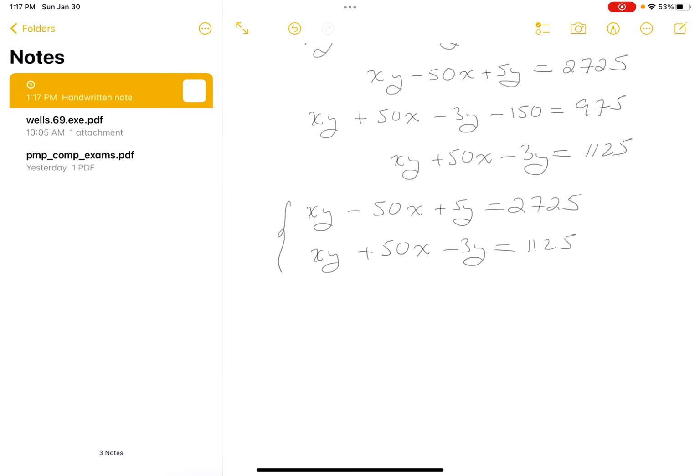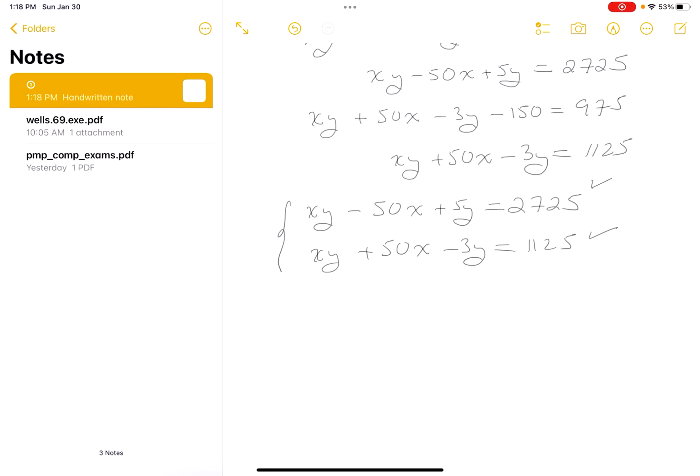Well, I'm going to do some subtraction here. And it doesn't look that bad to me. So I'm going to take this equation and subtract this one away. And someone says, why are you doing that? I think I might get a simpler relationship that might be useful. All right, so what do I get?